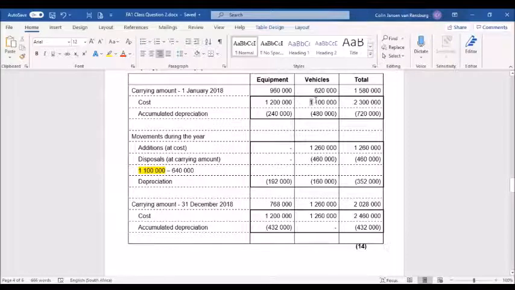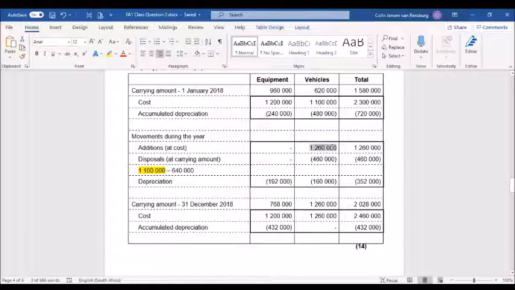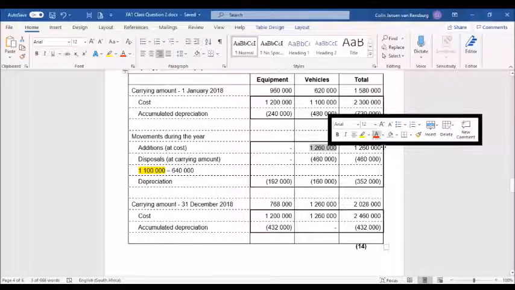So those will be the opening balance on the cost account at the beginning of the year. I know, Nkusana, I'm not answering your question yet. I'm just taking it from where we started there. I'll get to that. Right, so we're only focusing on the cost. So it started with a balance of 1.1 million. Then we had some additions of 1,260,000, so we must add them together, right?